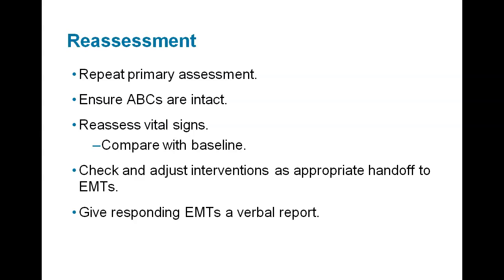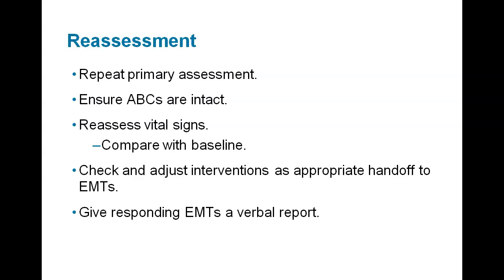So the primary assessment is where you're assessing those ABCs and bleeding, and you're detecting and correcting any immediate life-threatening problems or injuries. Then, once those have been taken care of, you move on to the secondary assessment. So that is where you're getting a medical history and performing a physical exam.